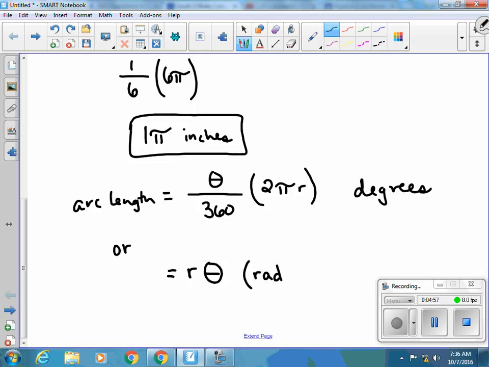So this is in radians, and this one was in degrees. Personally, I think the radians is a little bit easier just because you can go back and forth between the two, but I'm giving you both just so you guys can see when you have degrees and when you have radians which one to use, because they'll ask you within different contexts and different angle measures.